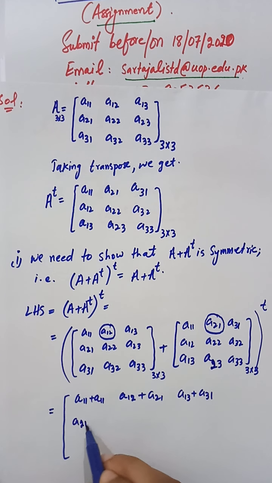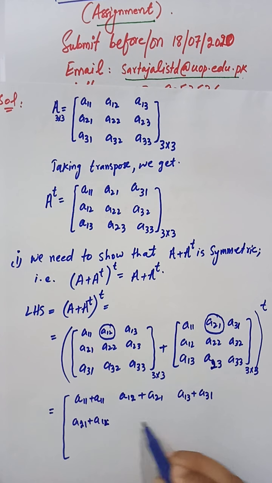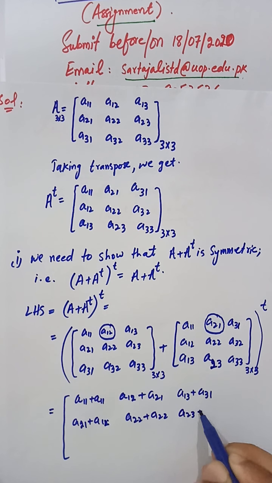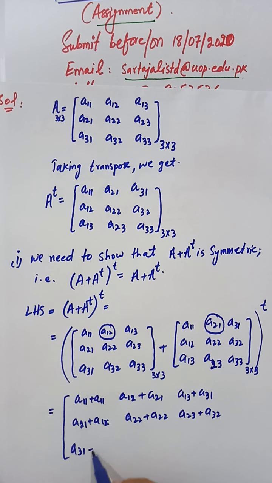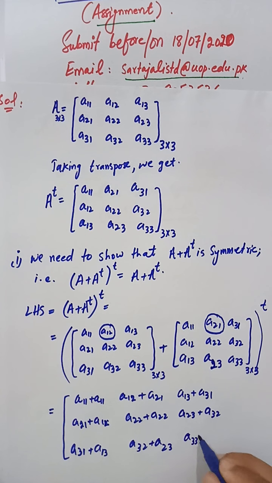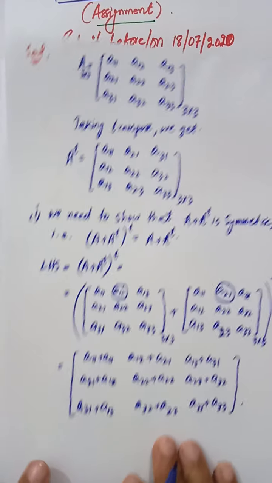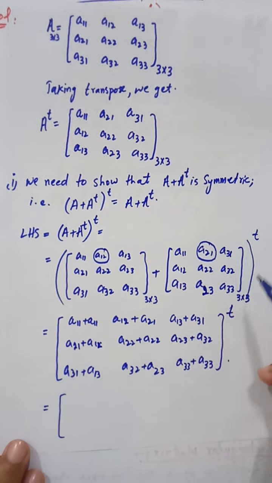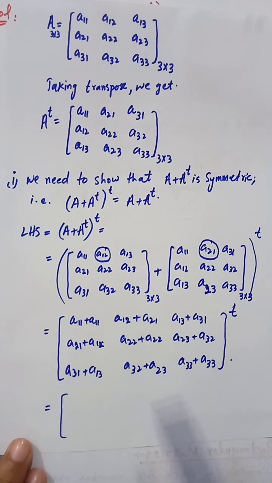Similarly, A21 will be added with A12, A22 will be added with A22, A23 will be added with A32, A31 will be added with A13, A32 will be added with A23, and A33 will be added with A33.